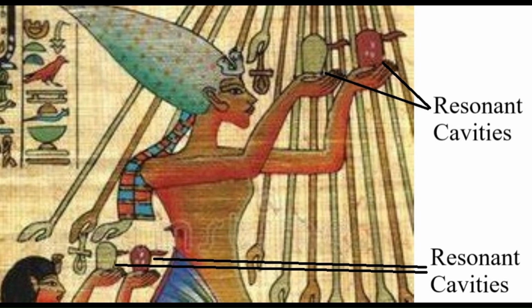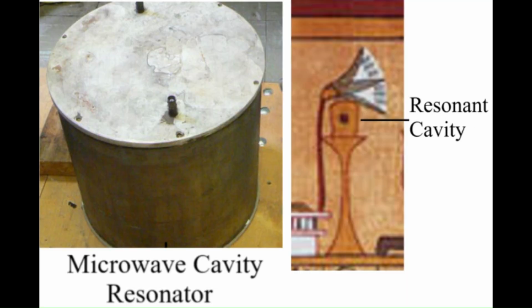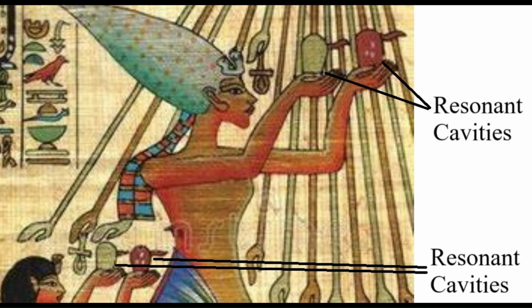The next objects I want to highlight are the small teapot-like items that the two tallest figures are holding up. These are variations of the objects I examined in episode 11. Again, I believe they should be interpreted as representations of resonant cavities.